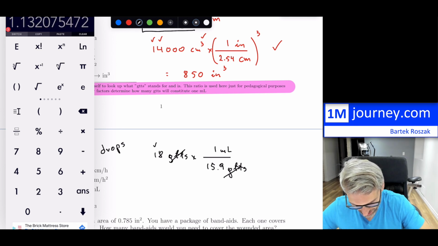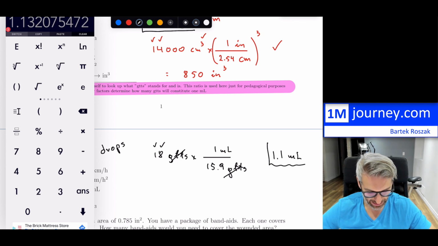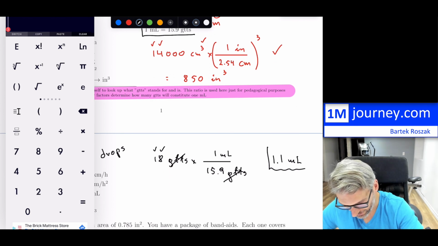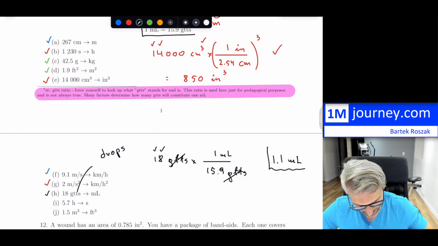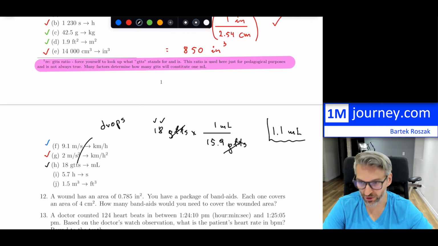Now I have two significant figures, so this is just going to be equal to 1.1 milliliters. All right, so that's what you would have in here. So not very much, right? So this is saying that it's like 18 drops that you would have per 1 milliliter. Now, of course, this is just based on unit conversions.